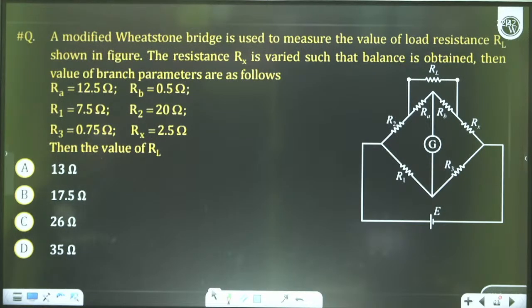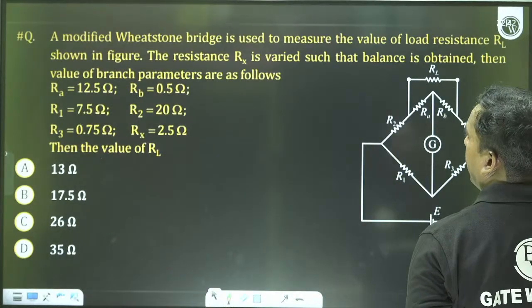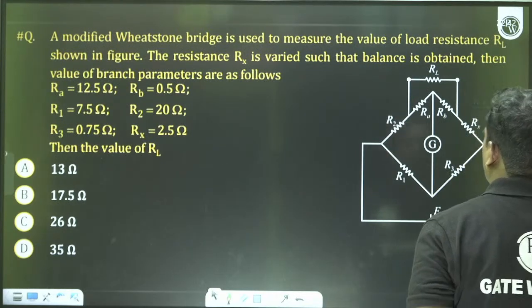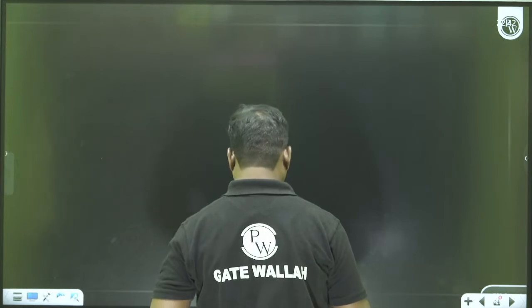The resistance RX is varied such that balance is obtained when the branch parameters are as follows: RA 12.5, RB 0.5, R1, R2, R3, RX given, and the value of RL is asked.